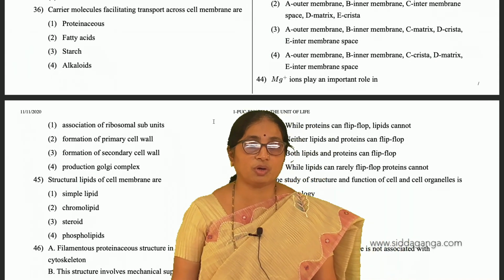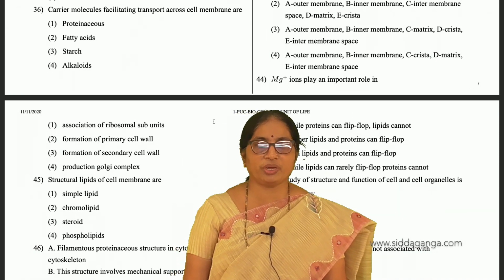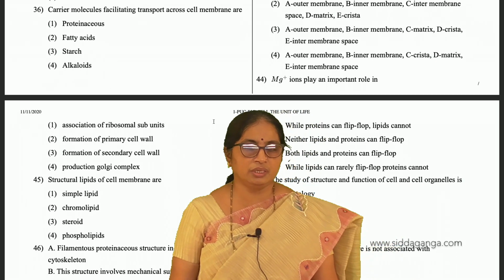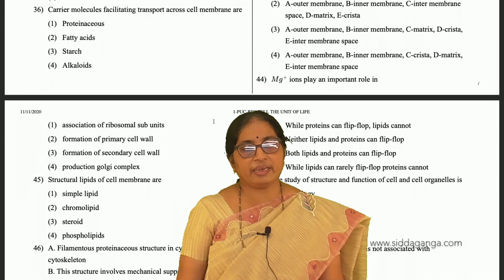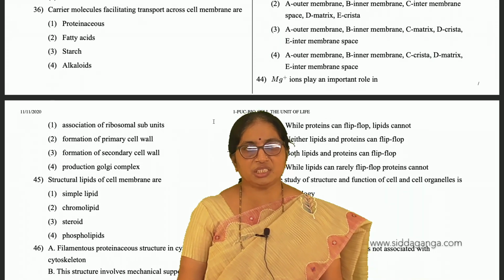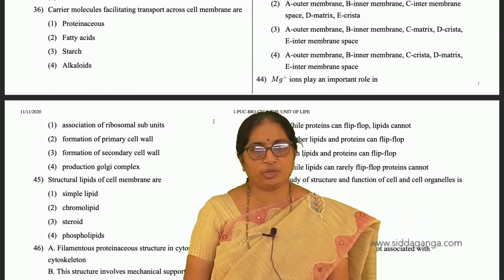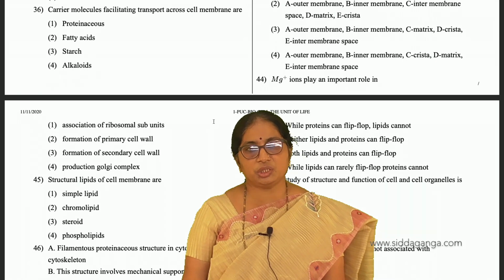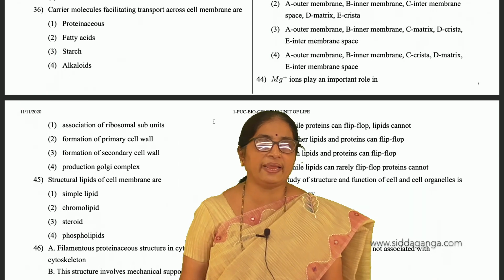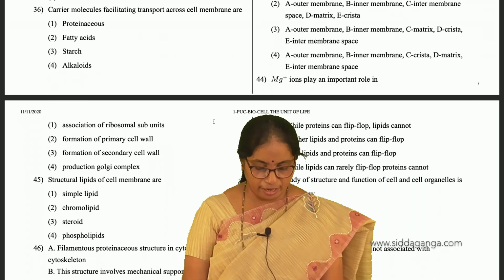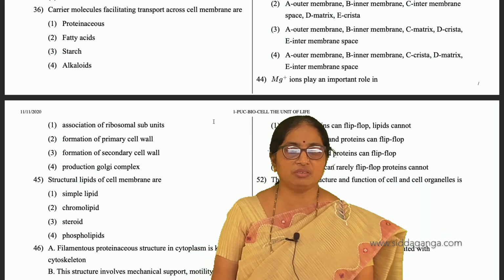The extrinsic proteins are present on the peripheral part of the cell membrane, and the intrinsic proteins are present within the lipid molecules between the two bilipid layers, and they are also called tunnel proteins since they help in transporting. So, they are proteinaceous, and the intrinsic proteins present between the two bilipid layers act as carrier molecules, therefore they are also called tunnel proteins. That is, the answer is option 1.